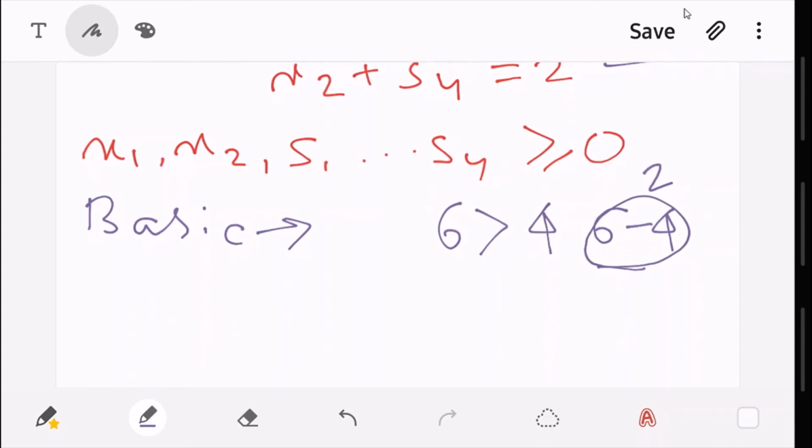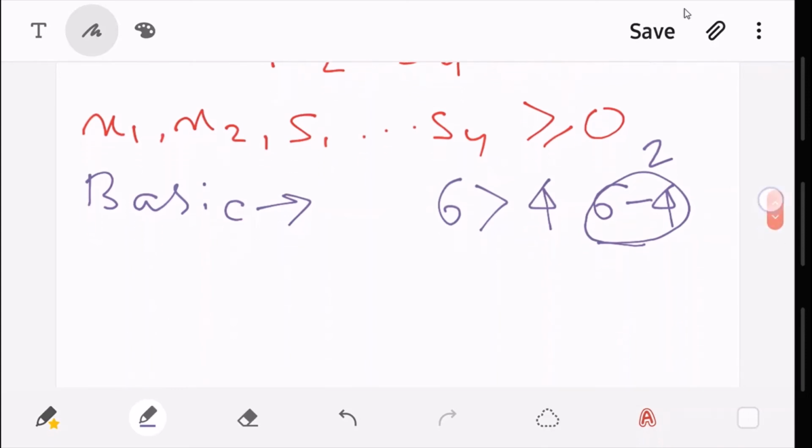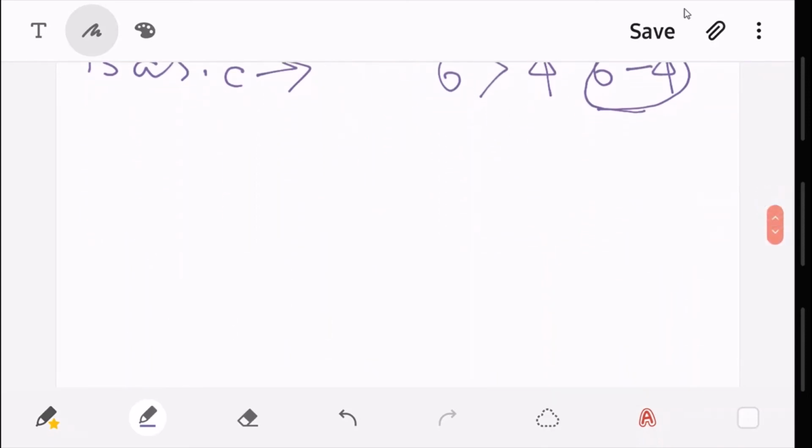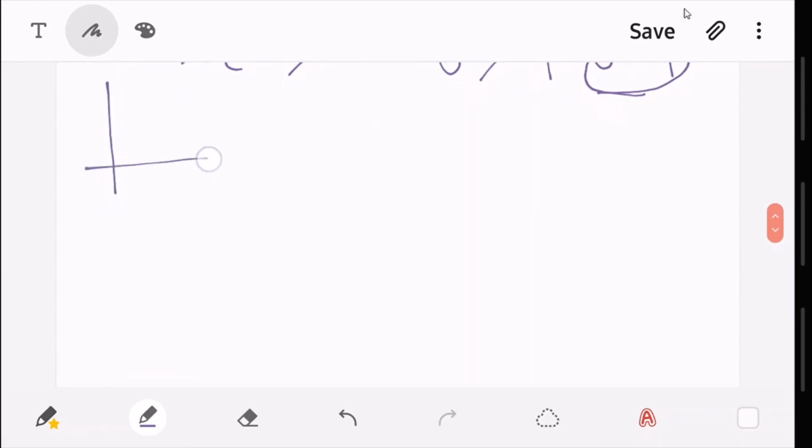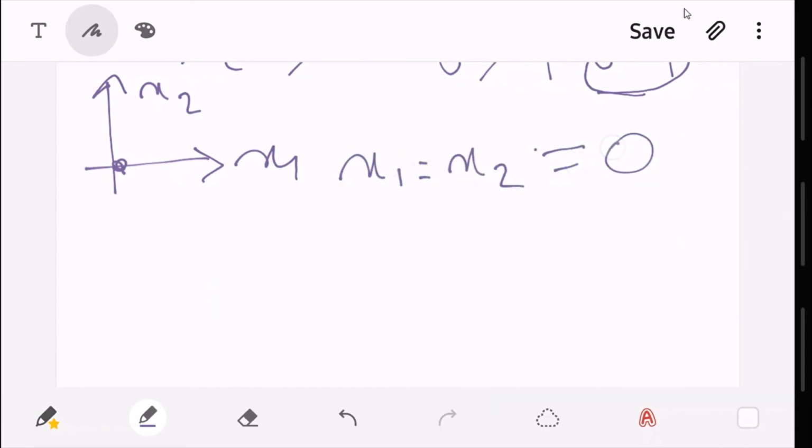So how to know which 2 variables those will be? In the graphical method we start from the origin, where this is x1, this is x2. Origin means x1 equals x2 equals 0.